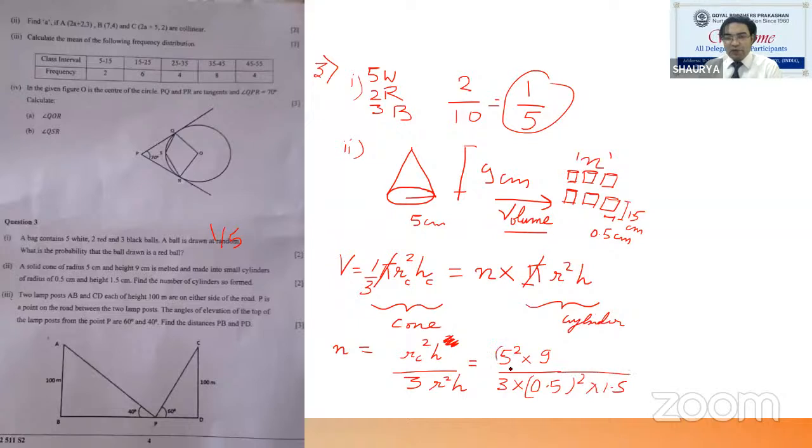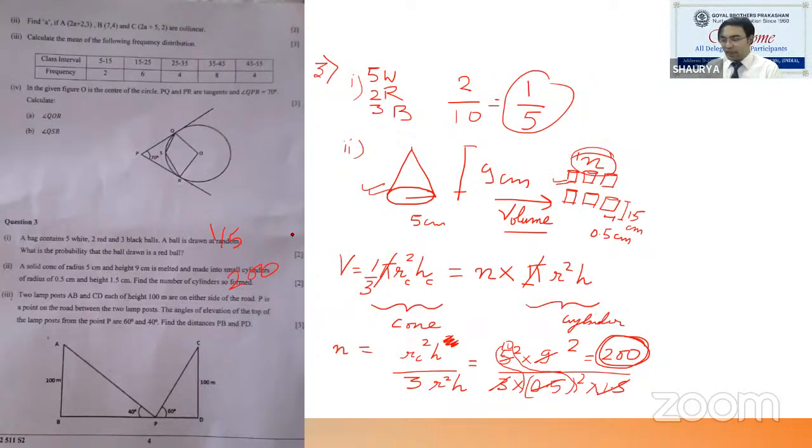So since both of these terms have squares, they can be simplified within. That will give me basically 10 square. Again, this 1.5 into 3 is 4.5, which into 2 is 9. So I'll have 2 into 10 square or 200. So 200 is the requisite number of cylinders which we'll get from melting this big cone and making small cylinders. So we have got this value of n equal to 200 cylinders.